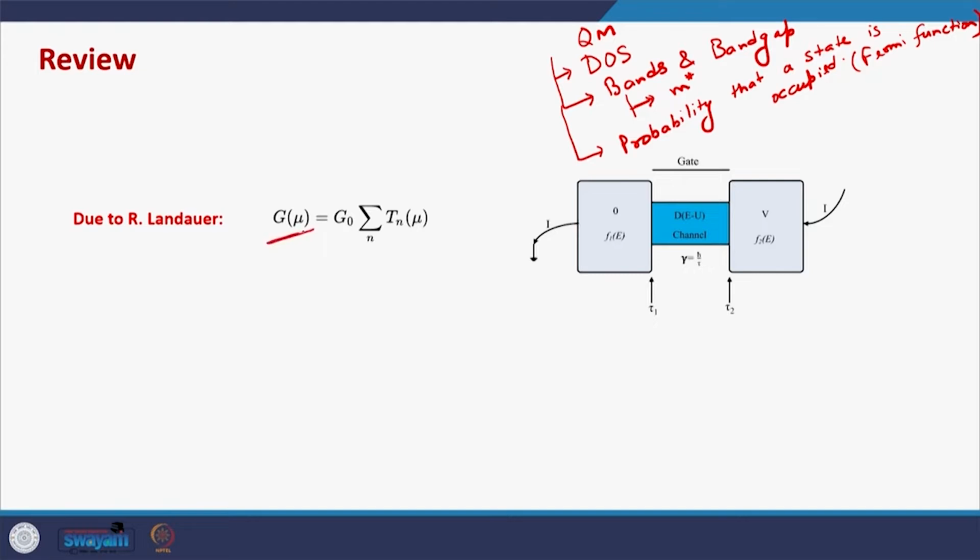of the electrical conductance of a conductor is given by this formula, where on the left hand side we have the conductance, on the right hand side this G naught is a constant, known as the quantum of conductance, and these T n are known as the transmission eigenvalues of electrons, and n denotes various channels of the electrons in a device.